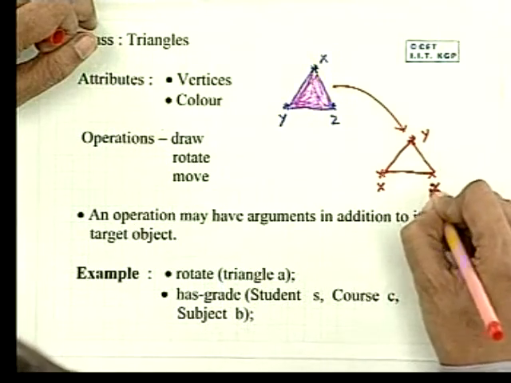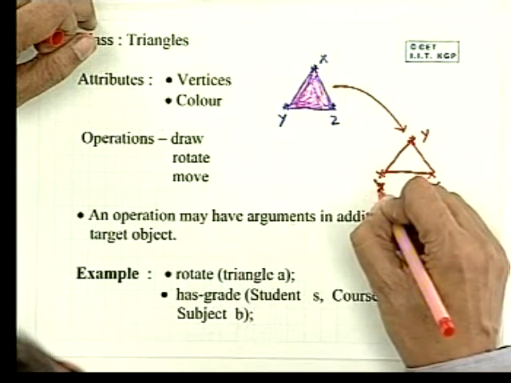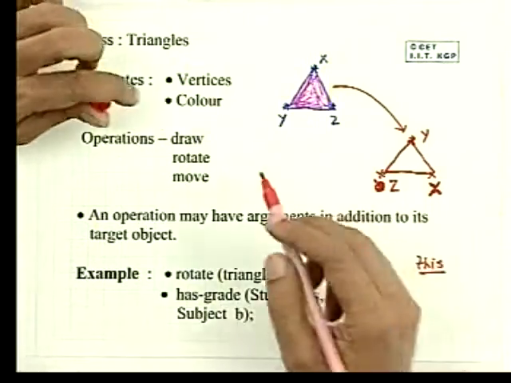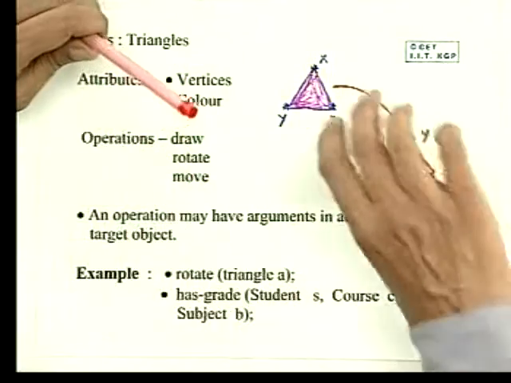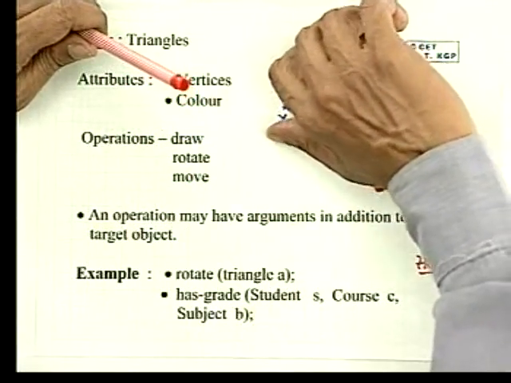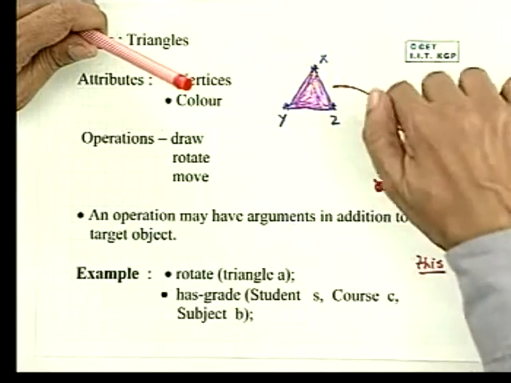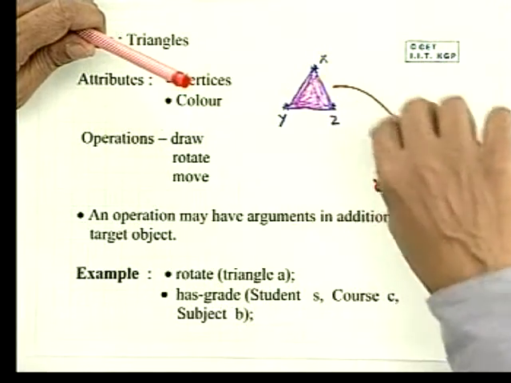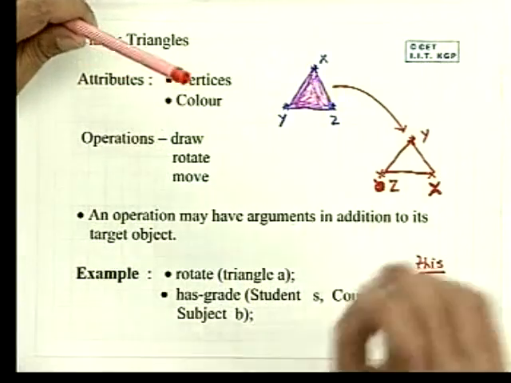So this will be x, you have rotated it, and this is z. Here you have rotated the triangle clockwise, and you have come to this position by this angle.